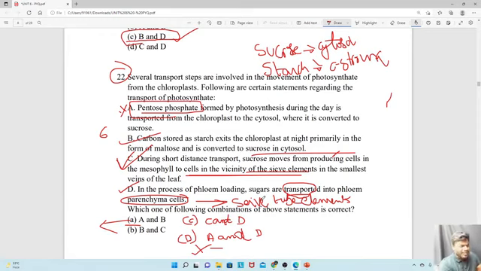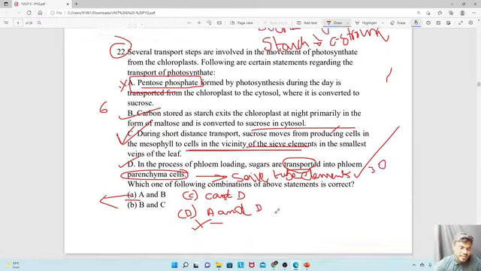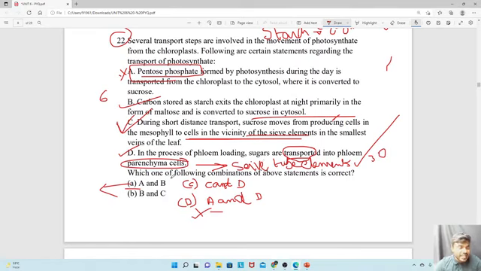From the parenchyma it just enters the sieve tube element and companion cell. It is never transported there. Transport occurs only through the sieve tube element. Friends, I have explained this concept for more than 30 minutes continuously. How can parenchyma cells be involved in the movement? Only the sieve tube. So you can make this statement wrong. So the correct answer is B and C. Hence the correct answer is B.